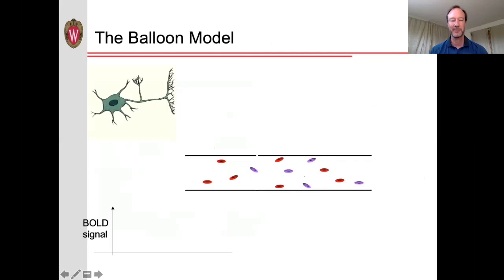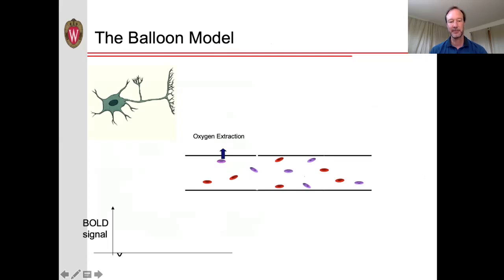This led to the development of the balloon model. So with this model, as shown here in a schematic of a blood vessel with the different blood cells, red indicating oxygenated blood cells and purple indicating the deoxygenated red blood cells. What happens when a neuron becomes more activated is at first, perhaps there's an increase in the oxygen extraction.